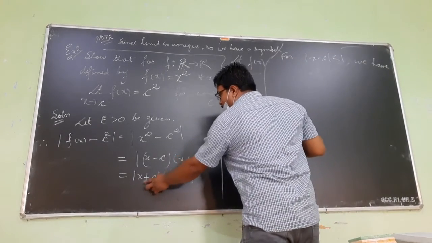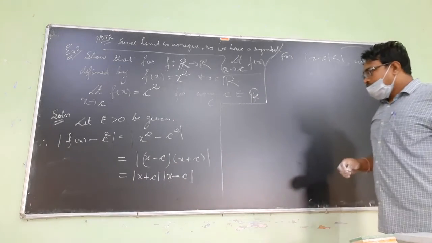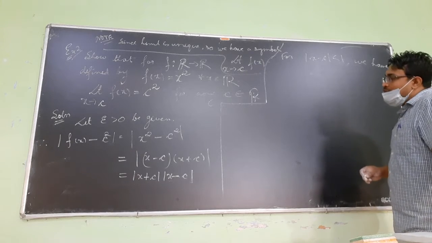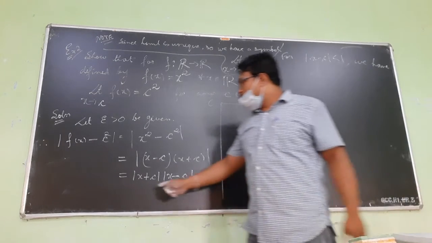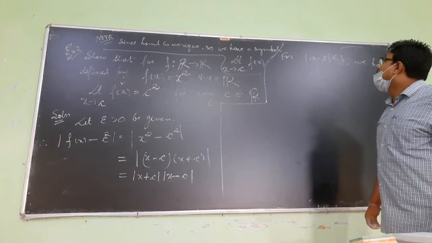So you try to find out what is mod of x plus c. For mod of x minus c less than 1, can I write mod of x plus c less than something? That is what we do.